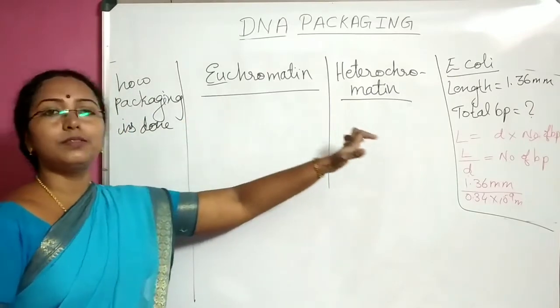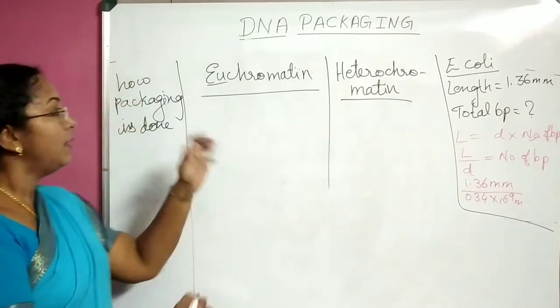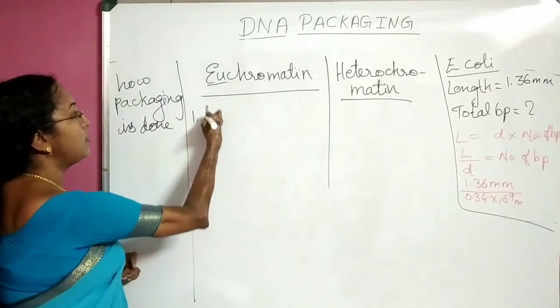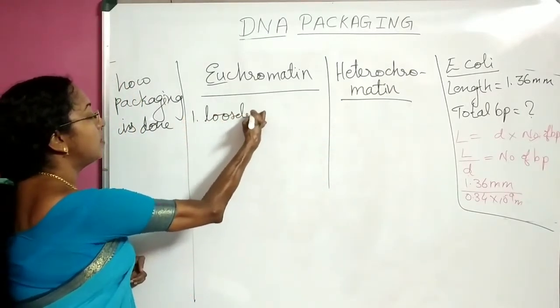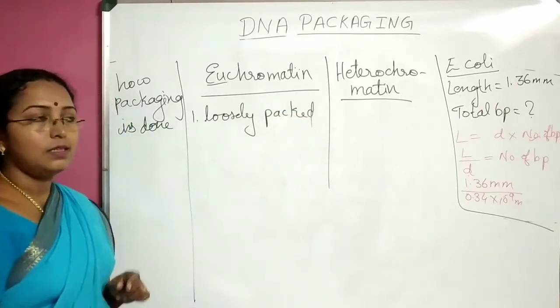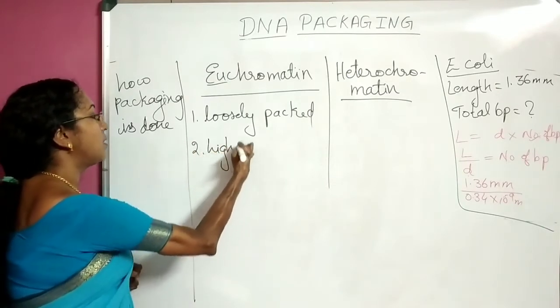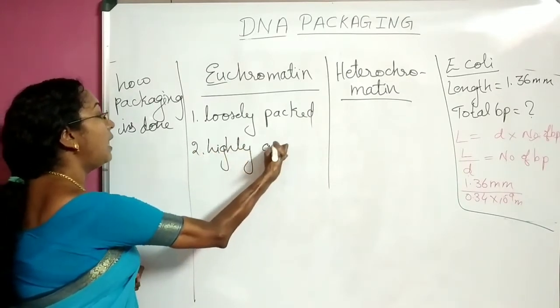There are two types of chromatin. Okay, euchromatin and heterochromatin. Euchromatin, the first point, it is loosely packed. Since it is loosely packed, it is highly active.